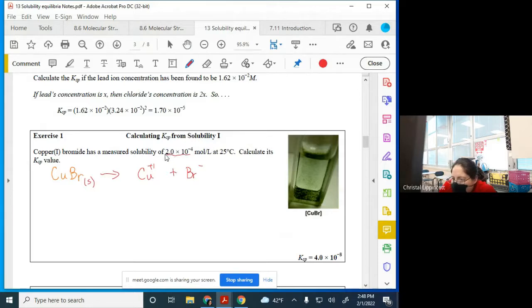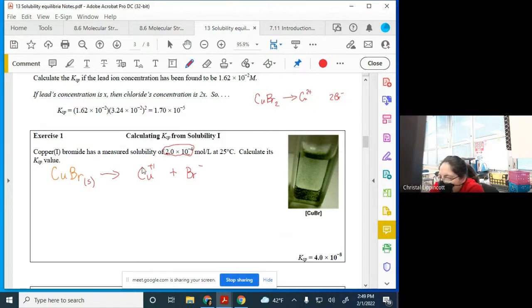So when they give you this, this is the solubility of these as like single items, okay? So if it was copper 2, for example, and you had Br2 here, this value would have to be doubled for the Br value. So this is the solubility for one of these formula units.